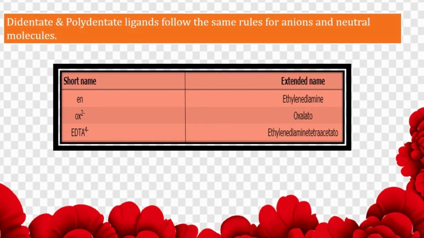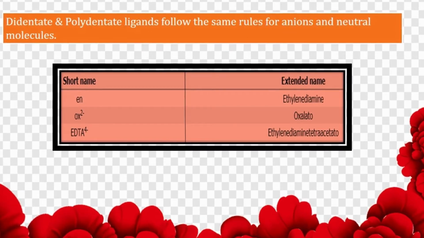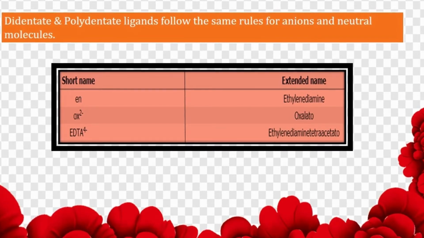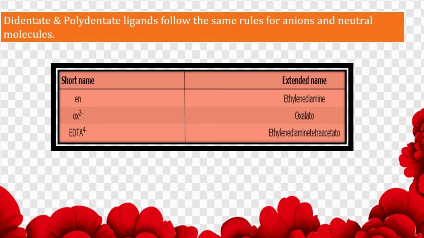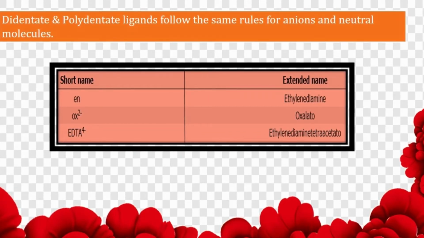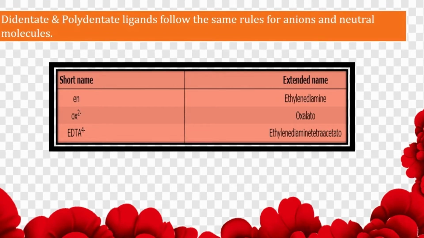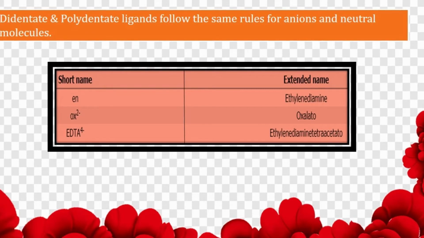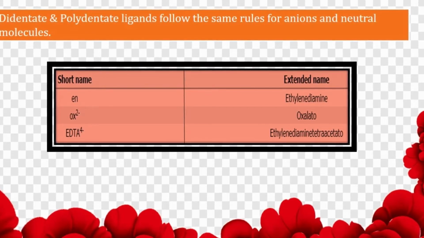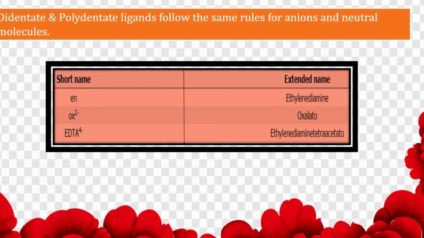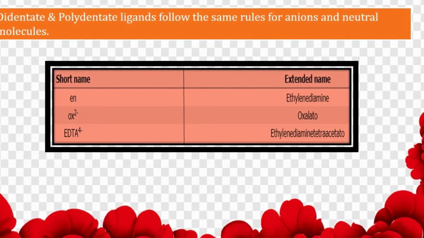The ethylenediamine ligand name will also be ethylenediamine, whereas in the case of the oxalate ion, its ligand name will be oxalato. Since it is an anionic ligand, its name will end with O.